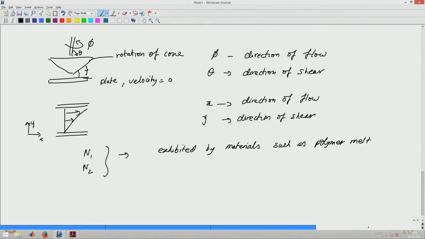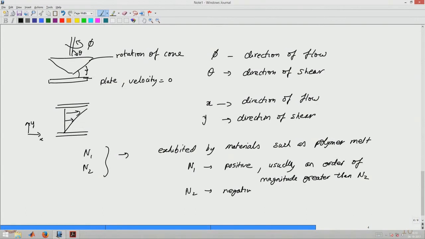Of course, the same would be true for a colloidal dispersion or a macromolecular solution also, and generally for many of these materials N1 is positive, and it is also usually an order of magnitude greater than N2, and N2 many times is observed to be negative. So, these are based on general observation of a variety of materials.